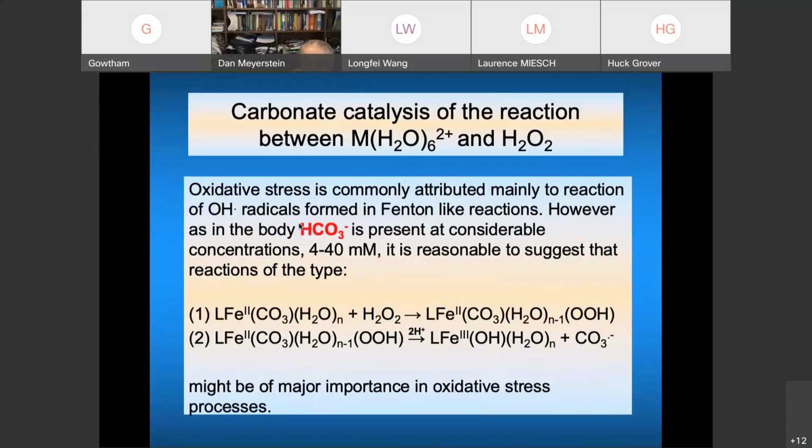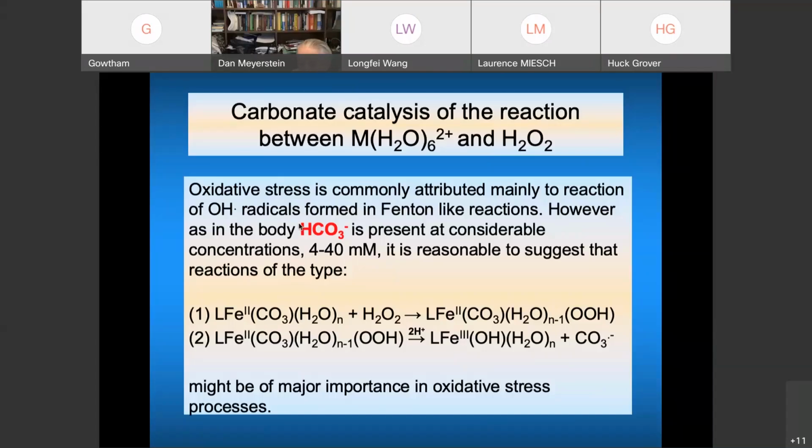we asked ourselves, if so, can this happen also with iron 2? Will we get carbonate anion radicals also in the oxidation of iron 2? Now, this is of major importance because in every cell in our body, there are more than 4 millimolar of bicarbonate.